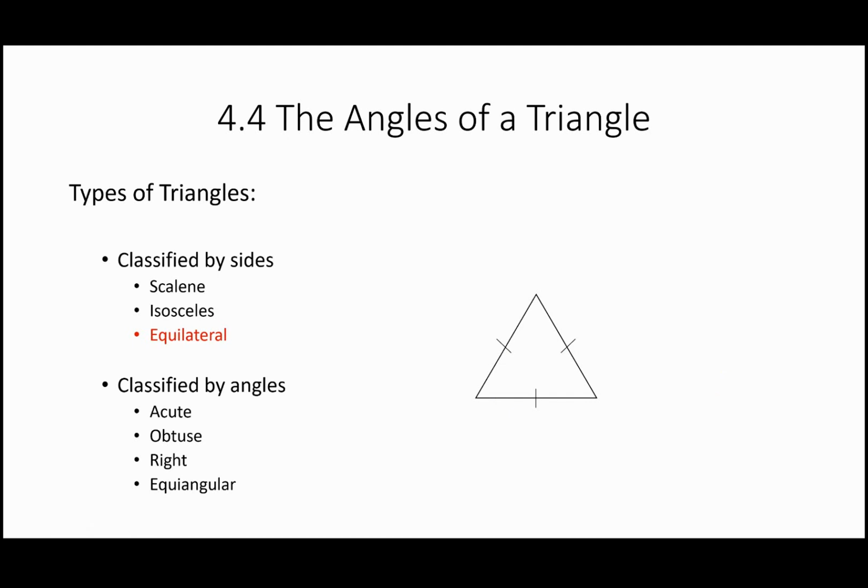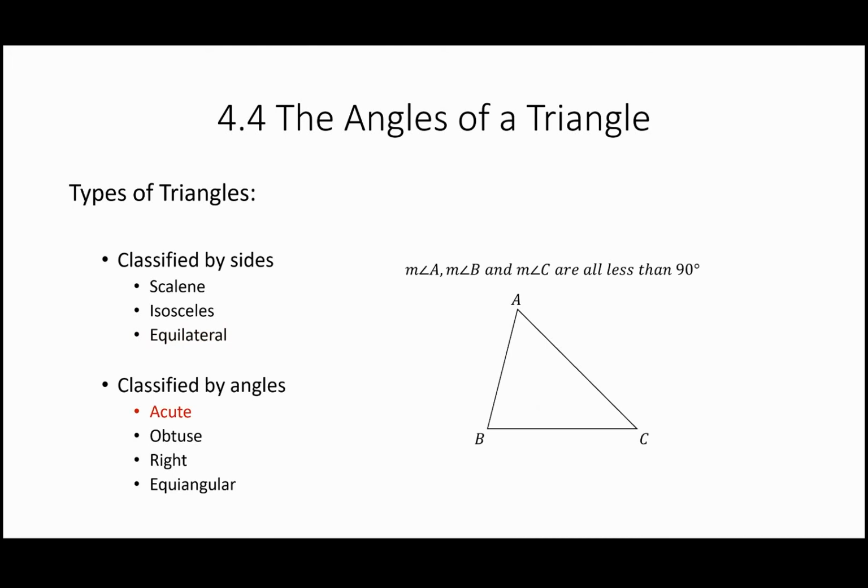We can also categorize triangles in terms of the relationships involved in their interior angles, and the first one that is going to be defined is acute. We have used this word to describe simply the measure range of an angle. If you recall, acute angles are angles that measure between 0 and 90 degrees.